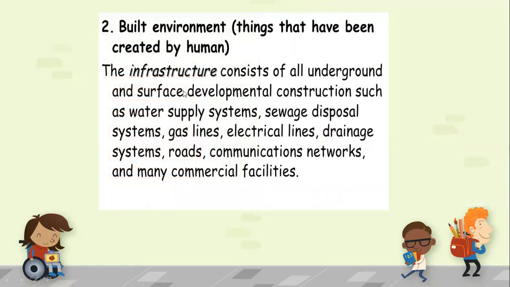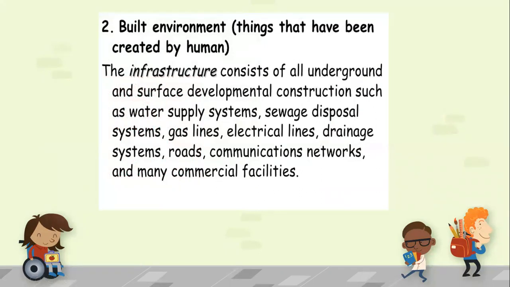Now, the infrastructure consists of all underground and surface developmental construction. So the built environment in tourism includes water supply system, sewage disposal system, gas line, electrical line, drainage system, roads, communication networks, and many commercial facilities.